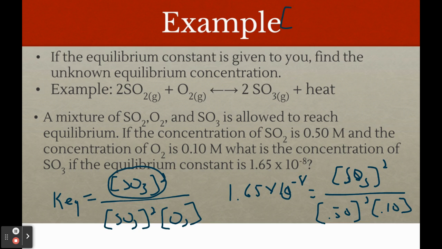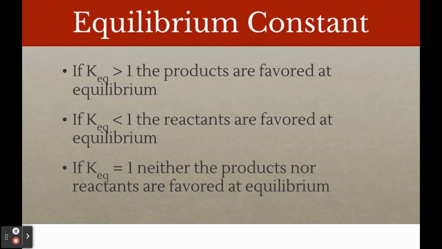Okay, so when you do the math, you should get the concentration of SO3 to be 2.03 times 10 to the negative fifth molar. And this should have units because it is a concentration. So 2.03 times 10 to the negative fifth molar is the concentration of SO3. Make sure you're being careful with your exponents and getting rid of them correctly.